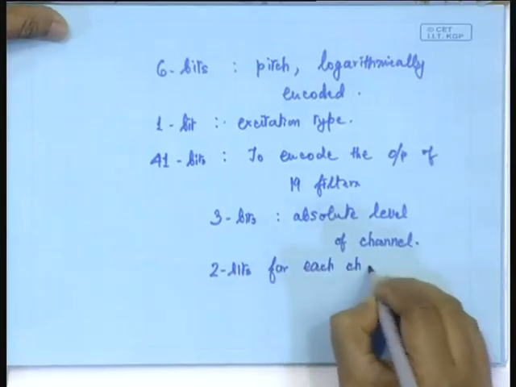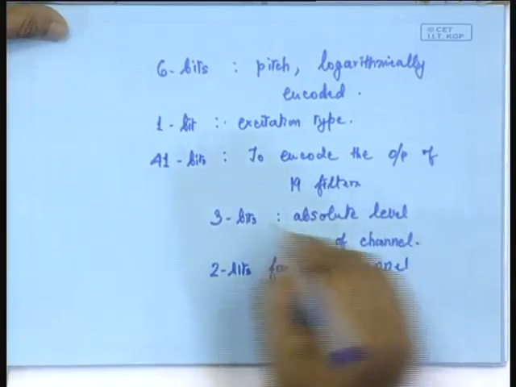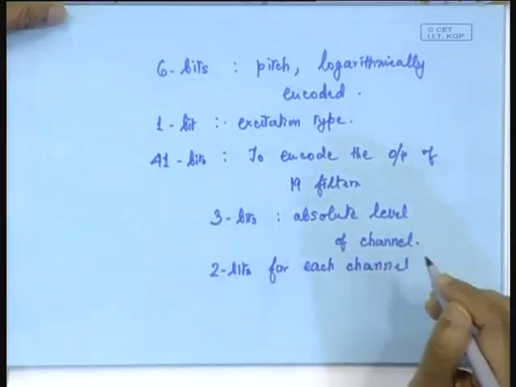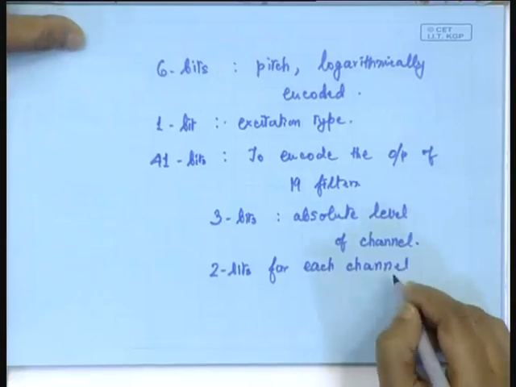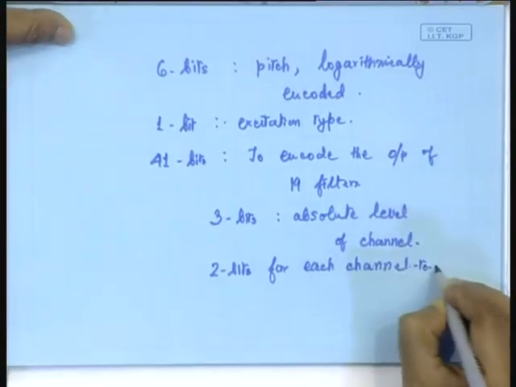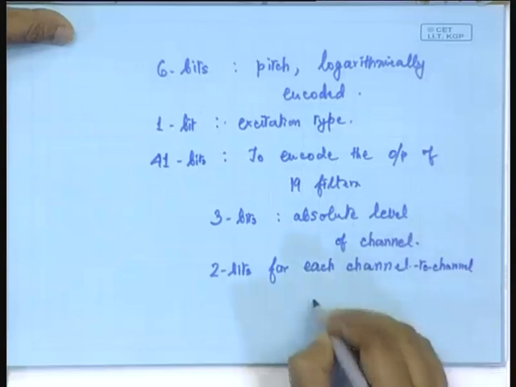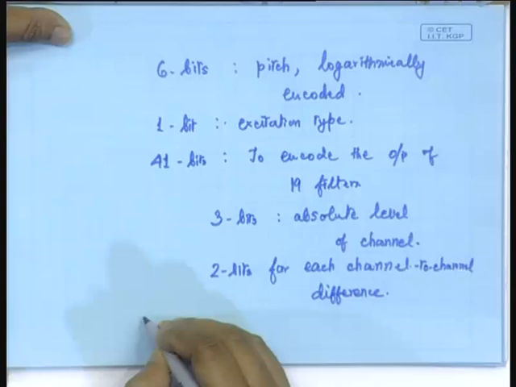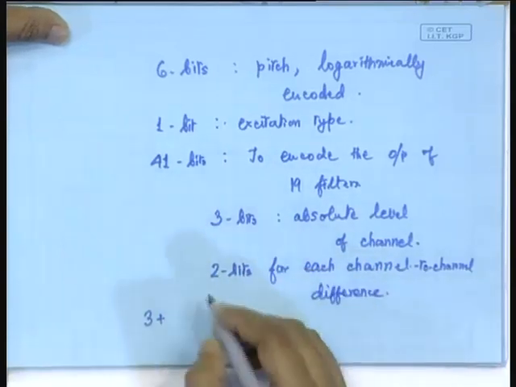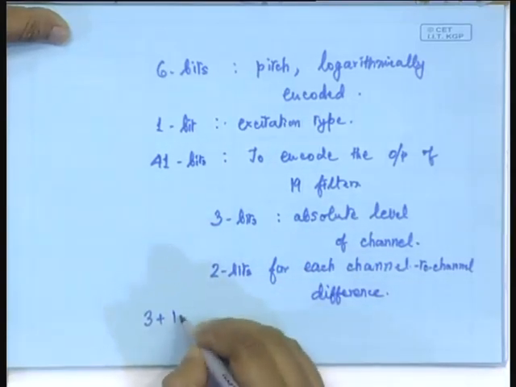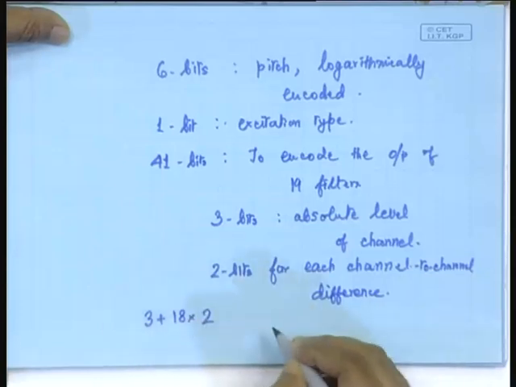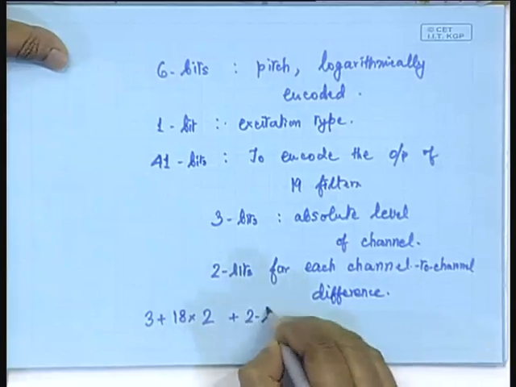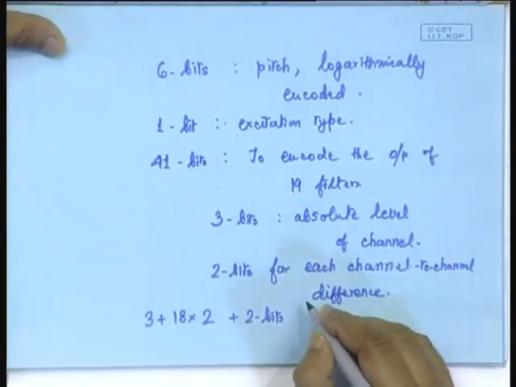And how many such channels are to be encoded? We have already encoded channel number 1. That requires 3 bits, and then the remaining 18 channels need 2 bits for each channel to channel difference. So we have 3 plus 18 into 2, which is 36, plus 3 is 39, and we reserve 2 bits for signaling or monitoring.